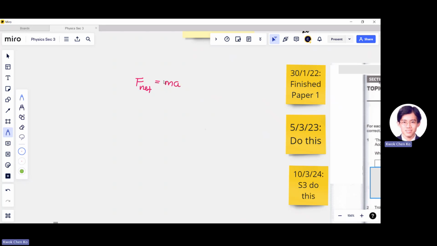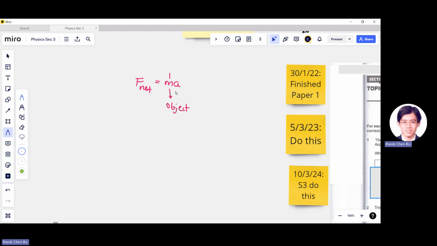Now, the tricky part, or one thing to really take note of, is to identify what is your object of interest. That would be its mass. Now, I'm not going to go through the SI units again, so do ensure that you're using SI units for all these parameters in order for this formula to work.